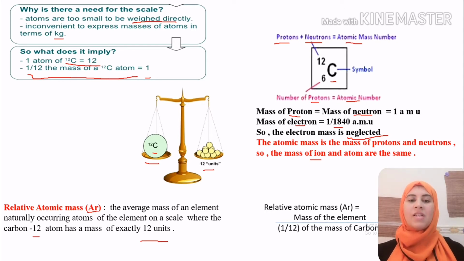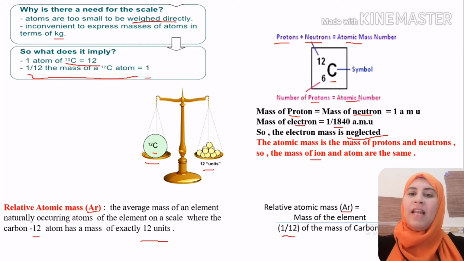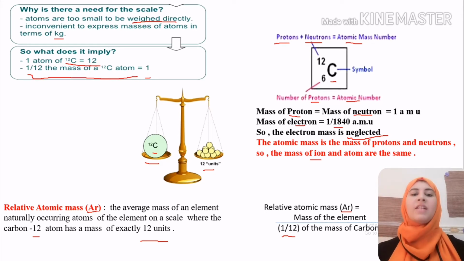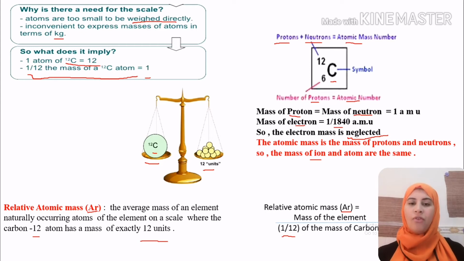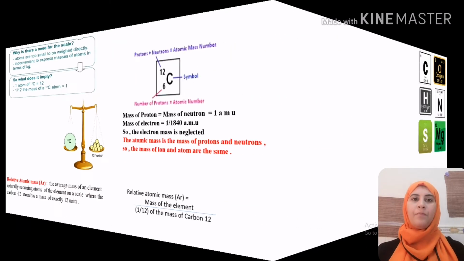Relative atomic mass Ar equals the mass of an atom of the element divided by 1 by 12 of the mass of carbon 12. It is the relative atomic mass of an element.